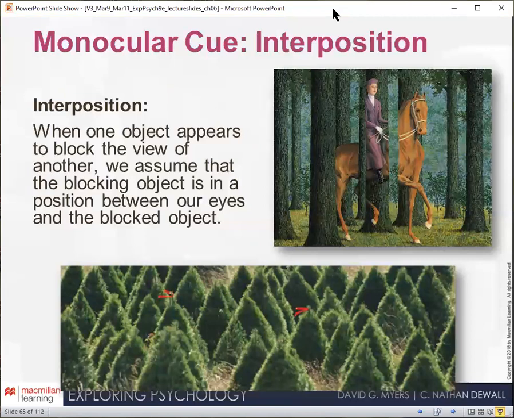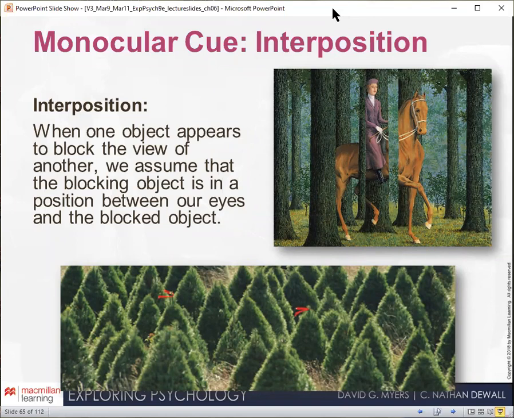We start off with interposition. When one object appears to block the view of another, we assume that the blocking object is in position between our eyes and the blocked object. So if we can go way back when you had teachers teaching up in front of the classroom behind a lectern, for example, and you could only see their torso and their head, but the stomach, abdomen area all the way to the legs were unseen, you would say the lectern is in front of the instructor.